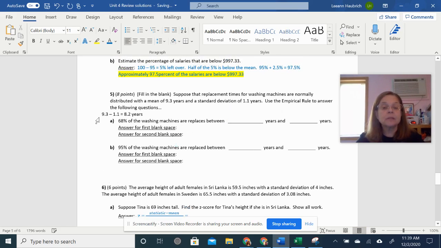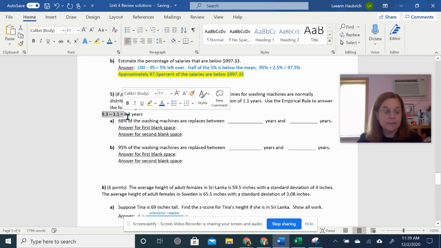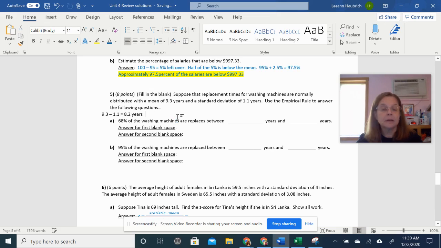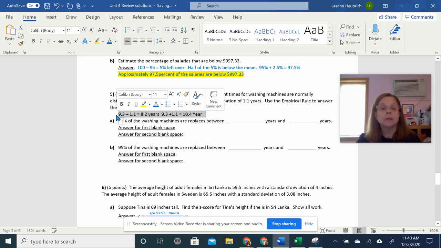And now we're going to do the same thing, except we're going to add. Change that to a plus, and 3 plus 1 is 4, 9 plus 1 is 10, so that gives us 10.4 years. I'm going to move this over a little so it ends up where the work is. So this is the work, and now it says answer the first blank here.